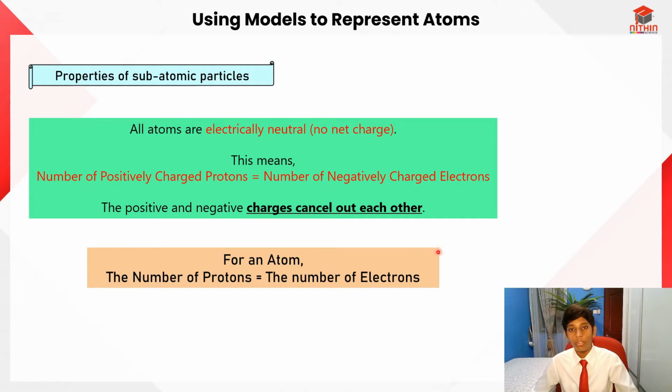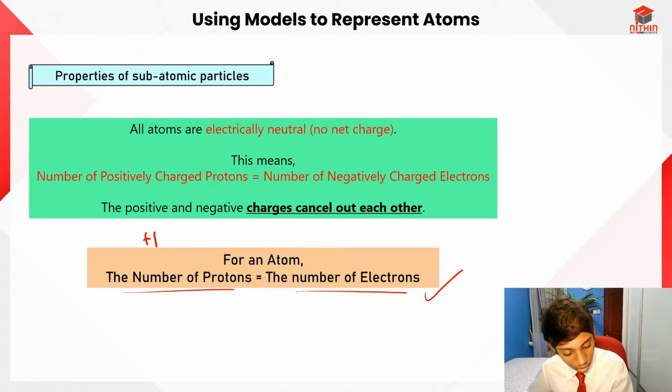This is really important, so please do take note. Protons are positively charged, electrons are negatively charged, and these two cancel each other to give no net charge, basically a neutral charge for an atom. I hope you understood that. Now let's move on.